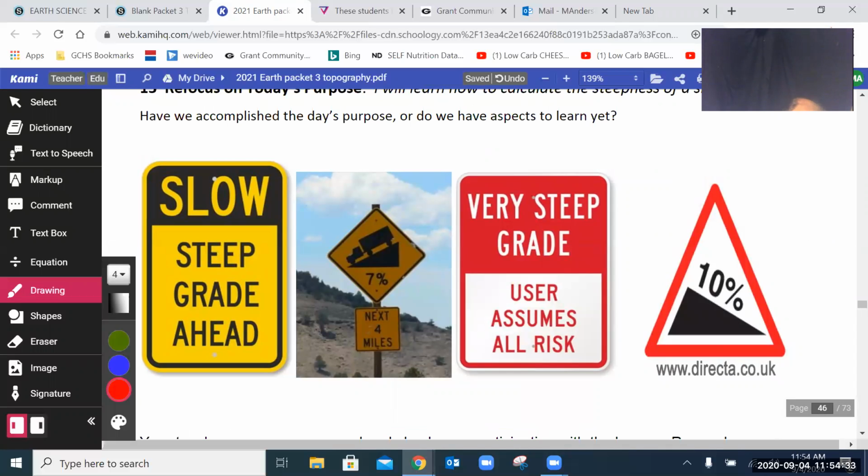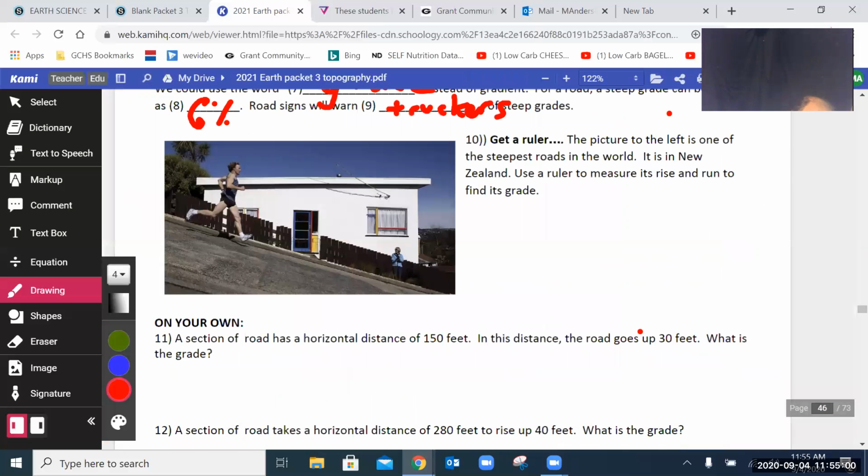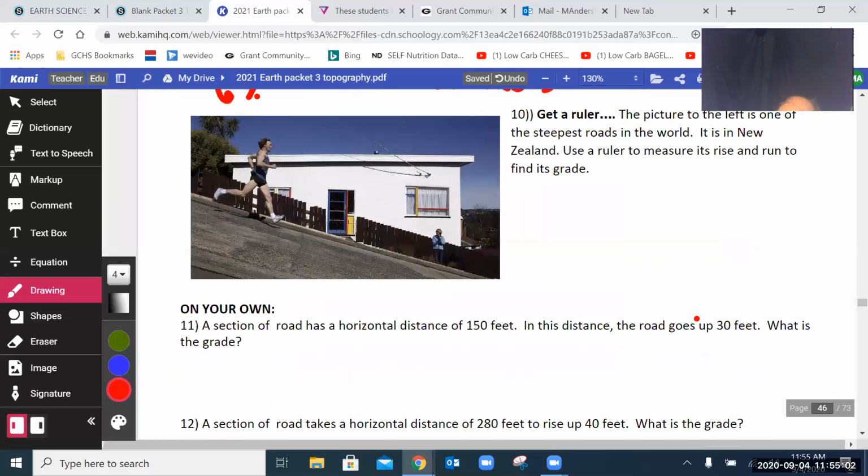Now, 7% may not seem like a very steep road, but it's enough for a truck going down to have to use its brakes a lot. If you're not a good truck driver and you don't use the brakes and the engine appropriately, you can actually wear out the brakes going down the road. Then you end up with no brakes at all, still going down a hill, faster and faster, and lots of people have had crashes that way. That's why they warn the truckers about the steepness.